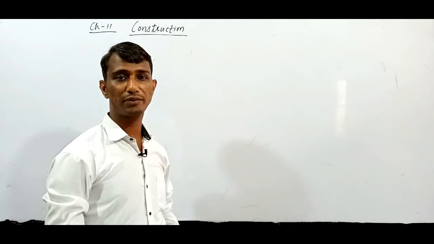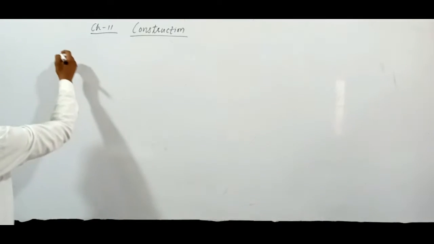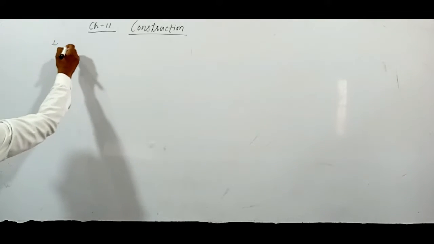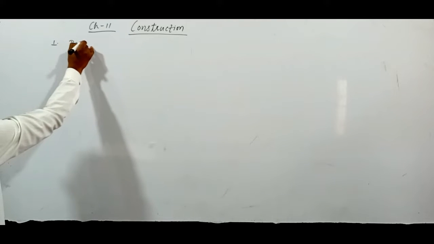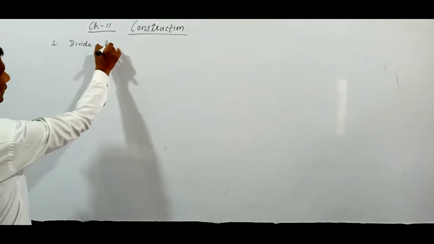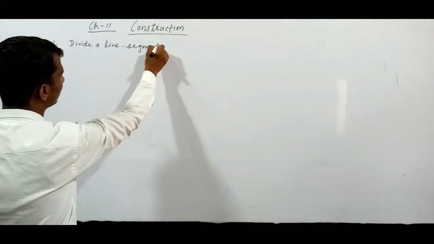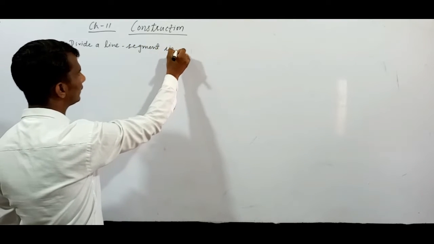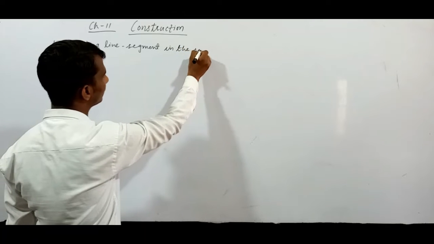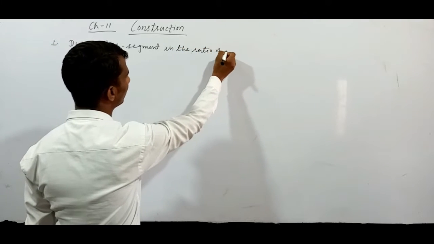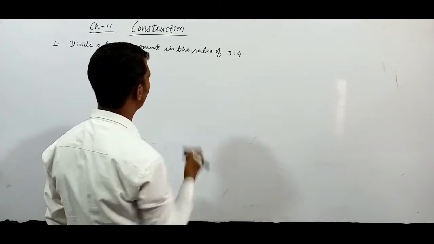construction related to our chapter, and your first construction is: divide a line segment in the ratio of 3:4.